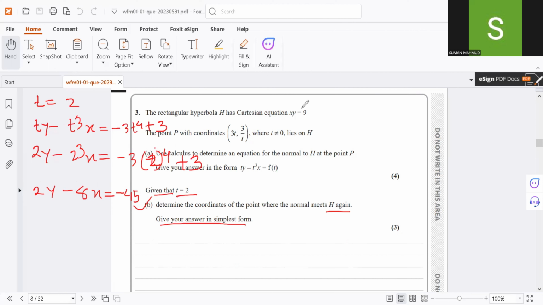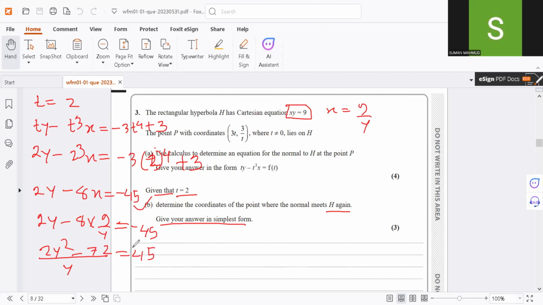We have another equation, x equals 9/y. So 2y minus 8 times 9/y equals minus 45. Take the LCM y squared: 2y squared minus 72 equals minus 45y.